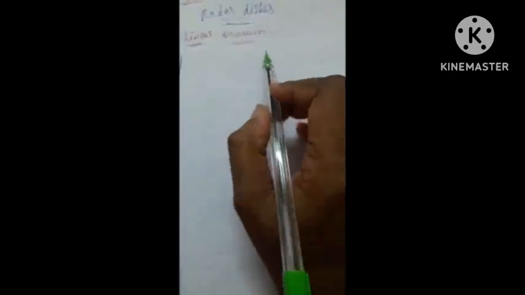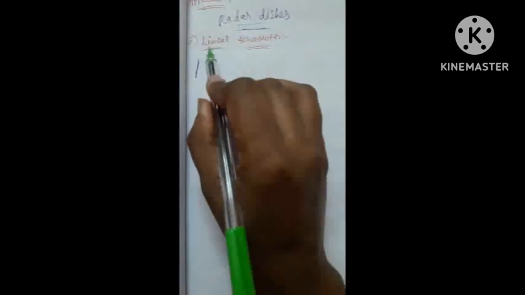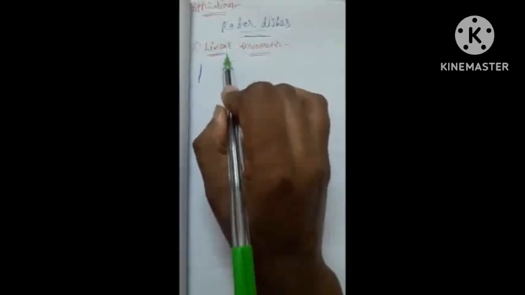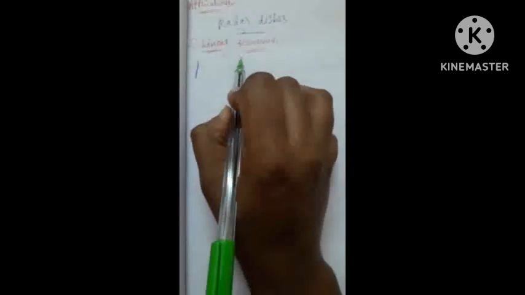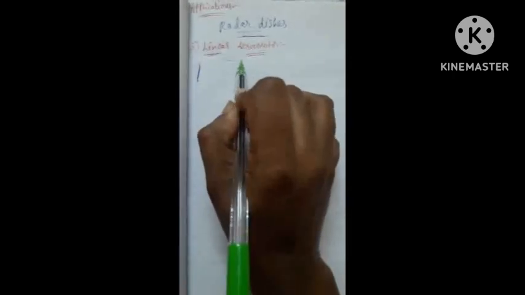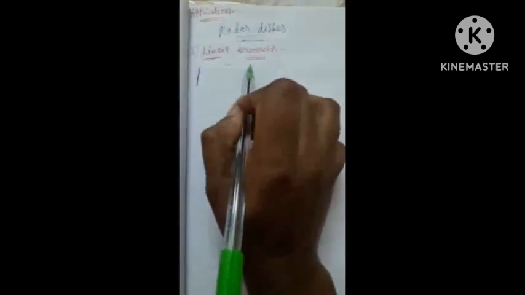Changing the output from circular means it becomes a linear, straight path. Back and forth means moving forward and backward, moving front and back.